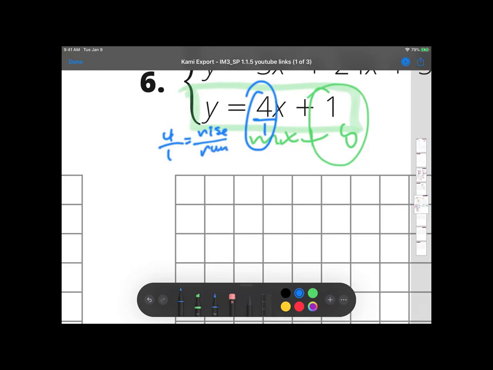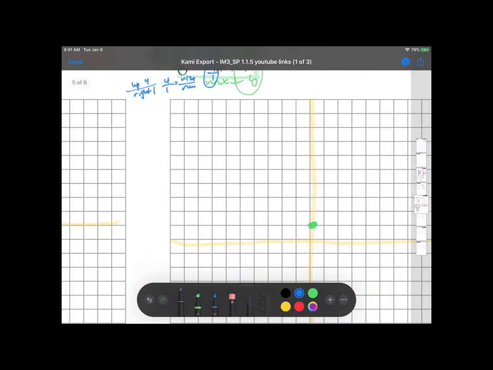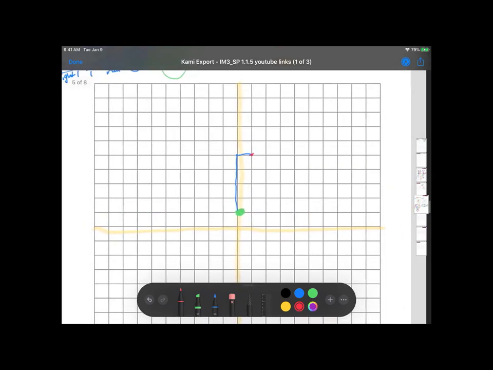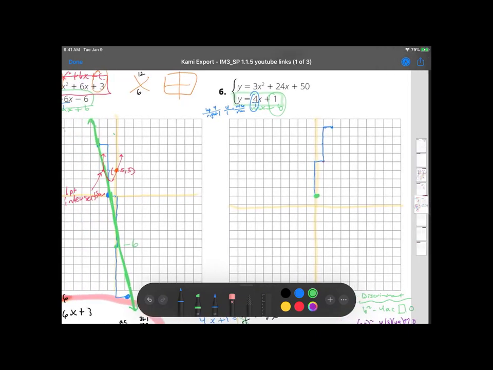What does that mean? Up 4, right 1. Let's do that from the y-intercept. Up 4, 1, 2, 3, 4, right 1. Boom, that's a point. You can do it all day long. Up 1, 2, 3, 4, right 1. We said that was green, so let's go green. Okay, here's my linear graph.